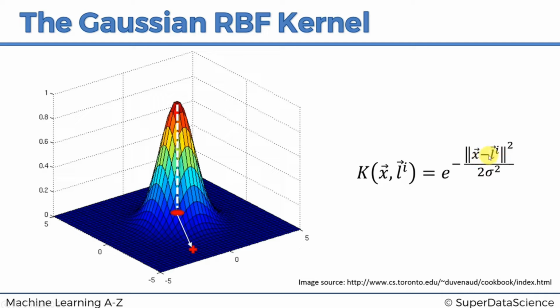If we take a large number and square it, we get an even larger number. Then we divide by 2 sigma squared, and it's still a large number, assuming so. It depends on the sigma, and we'll find out the role of sigma further down in this tutorial. But assuming it's still a very large number, and then you make it negative, you get a very large but negative number.